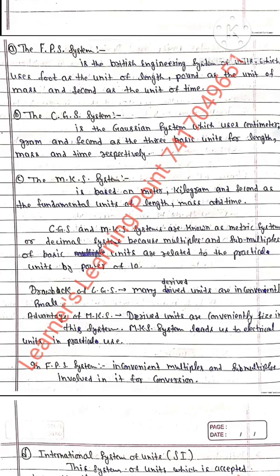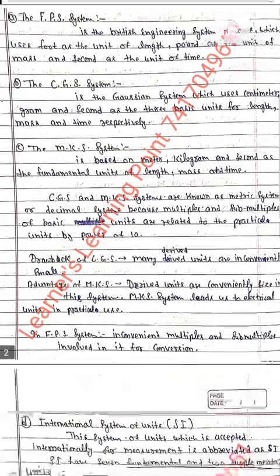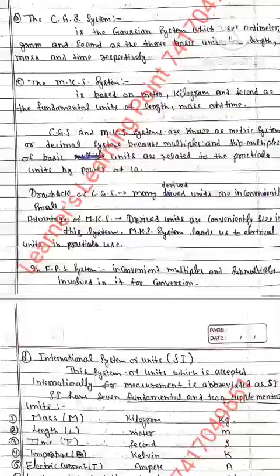Now we can talk about the drawbacks of the CGS system. Many derived units are inconveniently small. So this is the drawback of the CGS system. Next are the advantages of the MKS system.